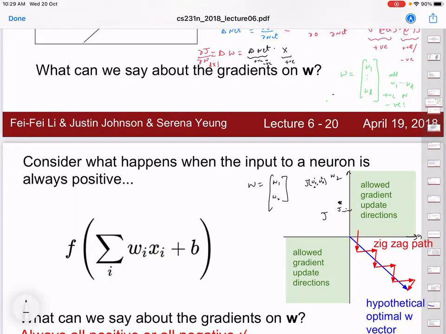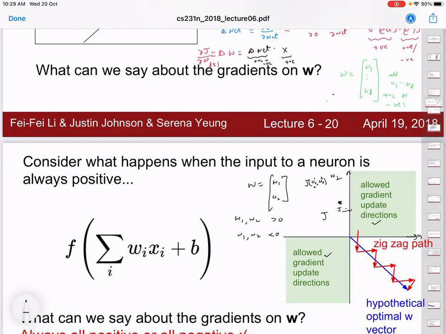That's our objective. The constraint we have is that W1 comma W2 both can be greater than 0 together, or W1 comma W2 both can be less than 0. That means we have this quadrant and this quadrant in which the weight updates can take place.